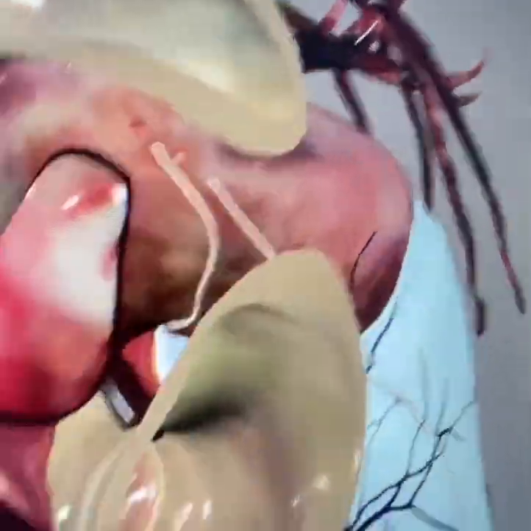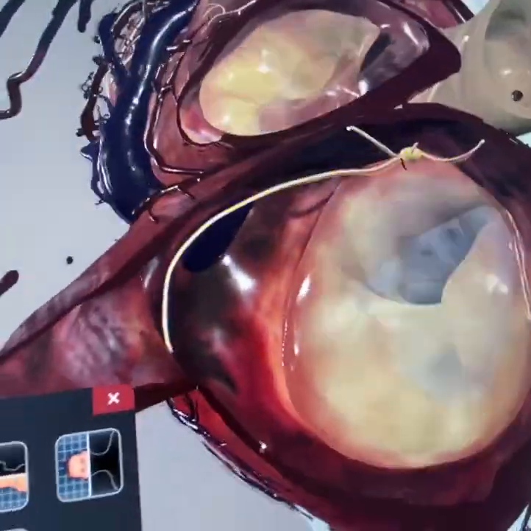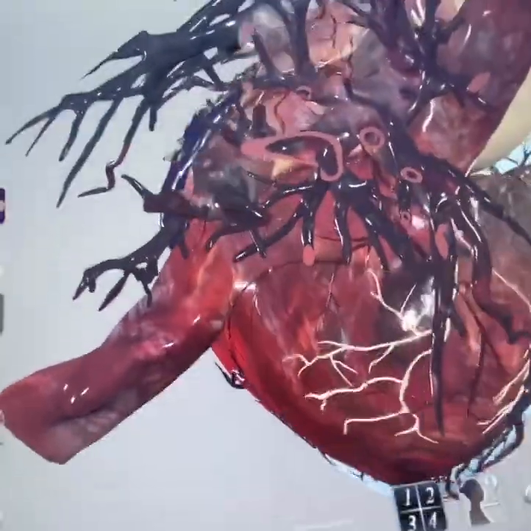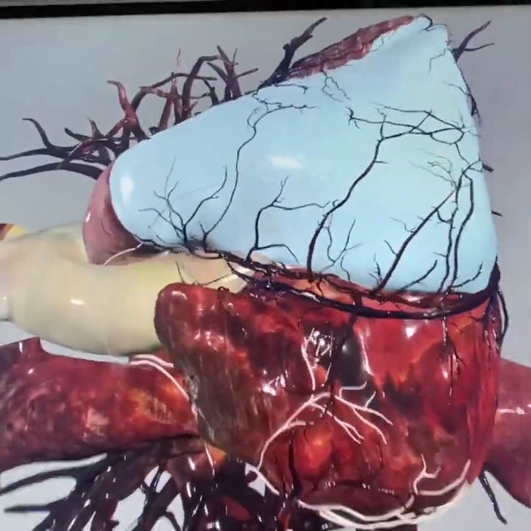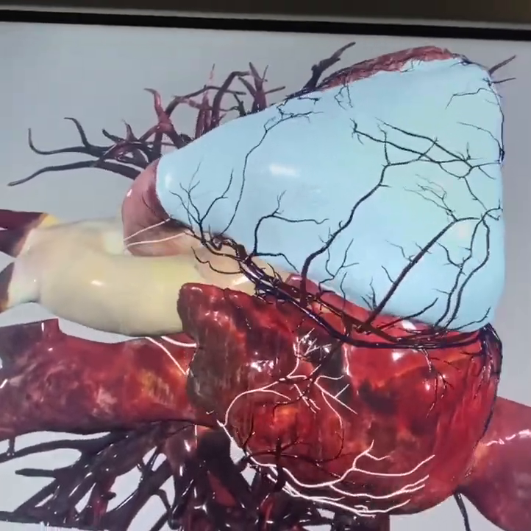And this, of course, coming off the aorta, here, that's got to be the aortic semilunar valve. All right? And those are the structures that you need to know of the heart.